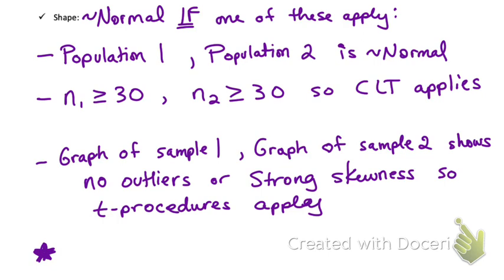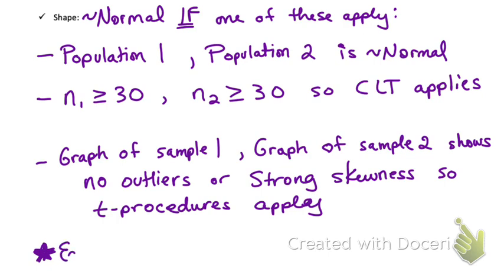Or maybe both of the populations are approximately normal. That's when you really celebrate, because you don't have to worry about anything else. Or it could be both of these, or both of these. It can be any combination. Each population has to meet the normal condition by itself. Does that make sense?